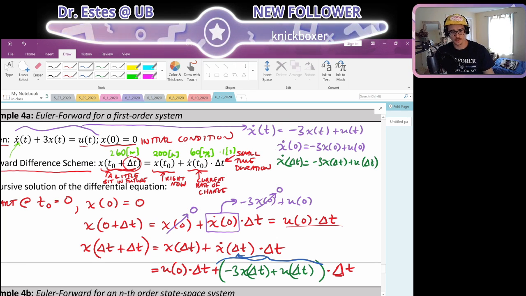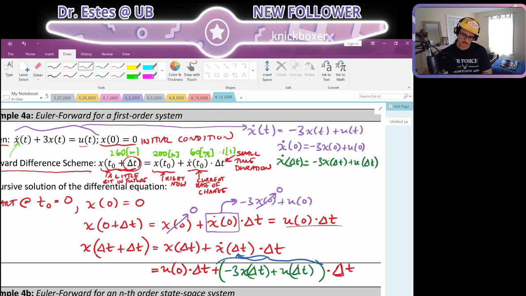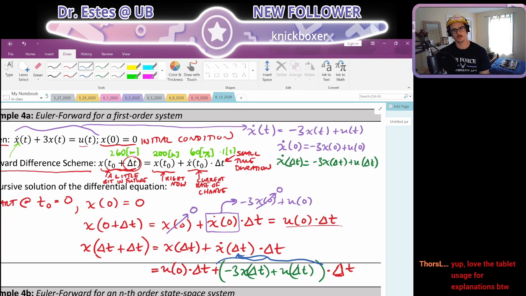It's actually a beautiful thing. Because if you know your initial condition, and if you know what your input to the system is at each time, you can make a code that does this in MATLAB.